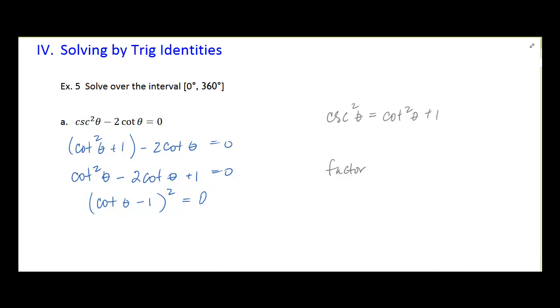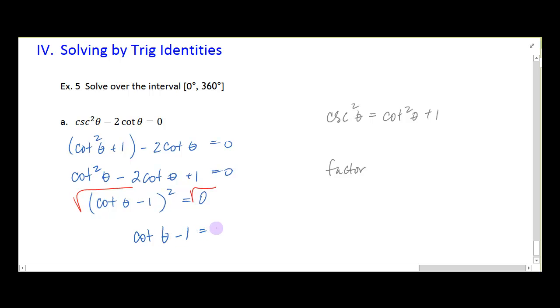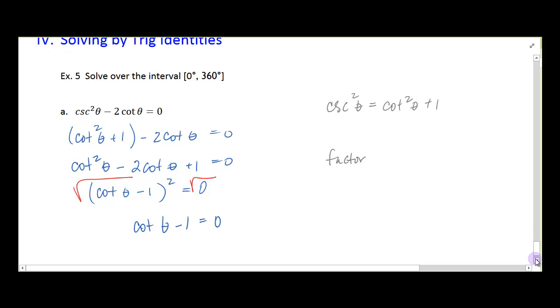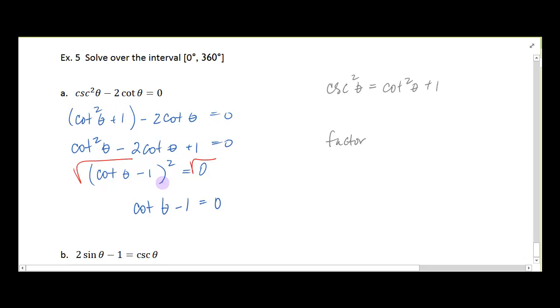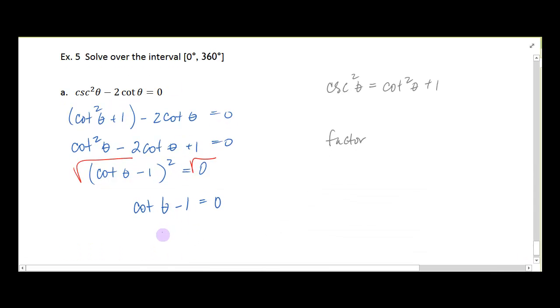To solve that, we would take the square root of both sides, and that gives me cotangent theta minus 1 is equal to 0. We're going to add 1 to the other side, and I see that cotangent theta is equal to 1. So I ask myself, for what angle, when I take the cotangent of it, do I get back a positive 1?